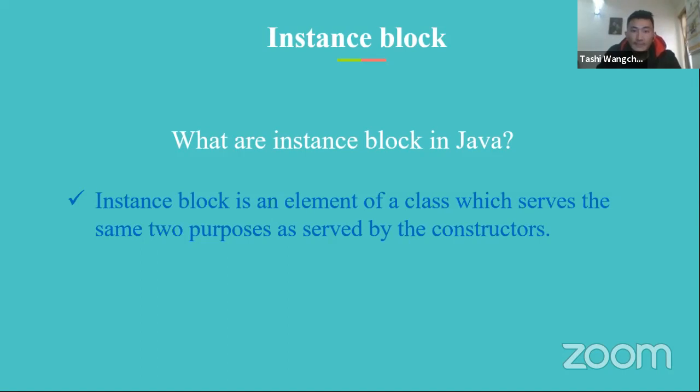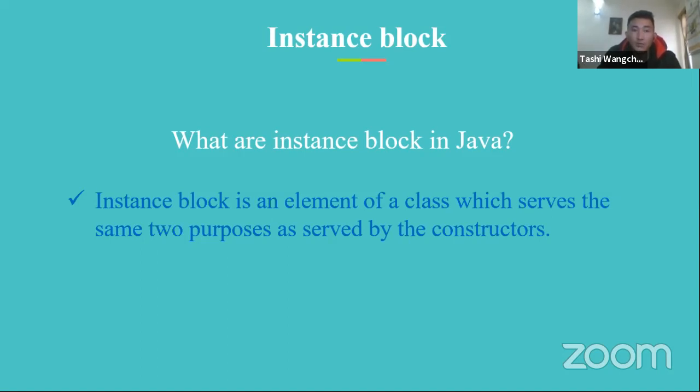Before getting started with instance blocks, let's recap the constructor, because we have to understand constructors when we are looking at instance blocks. In the last lesson, I told you that a constructor is a set of statements that is executed during object creation.